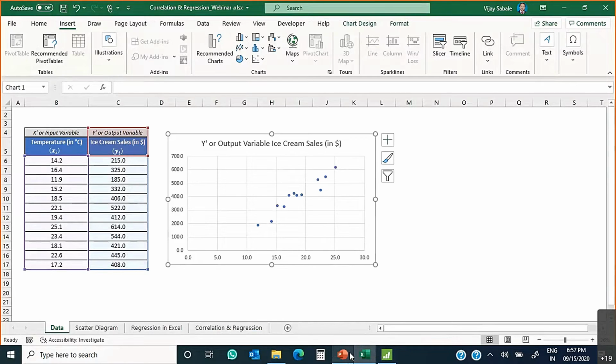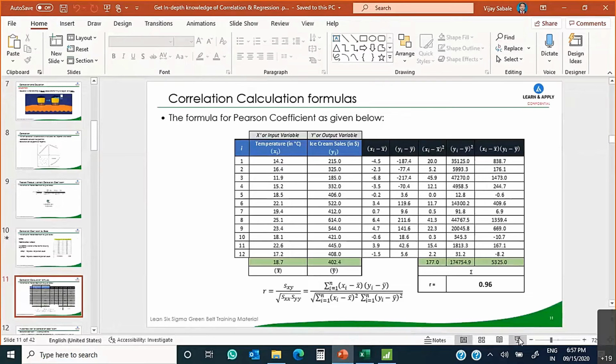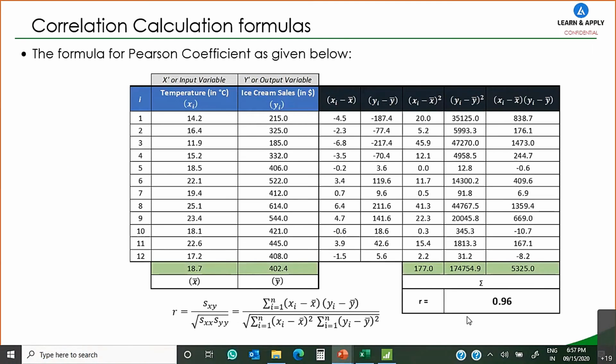Let me explain here. If this R value is more than, let's say, 0.5, we can see some relation is present between the two variables. If it is going to be increased, let's say 0.8, we can see there is a very strong relationship present between the two variables.